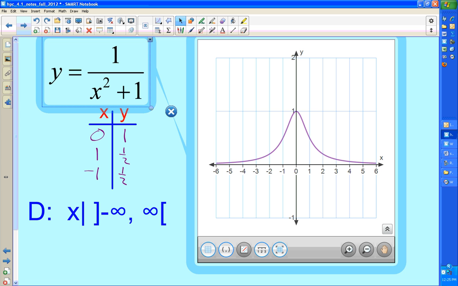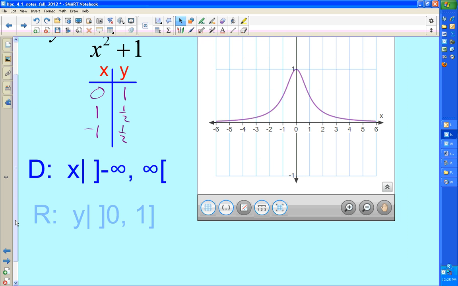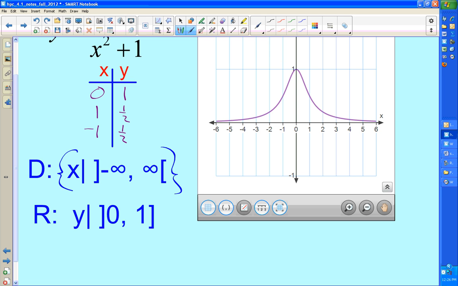Your range goes all the way up to 1, but it can't get to 0. So your range will be from 0 to 1. We shun the 0, and we hug the 1. Don't forget, put braces around your answers.